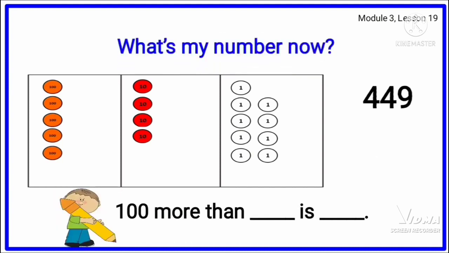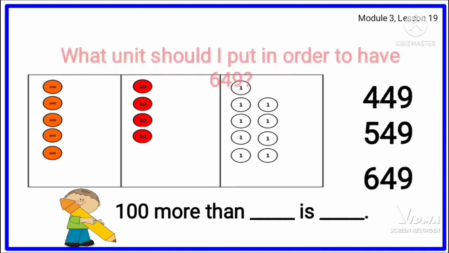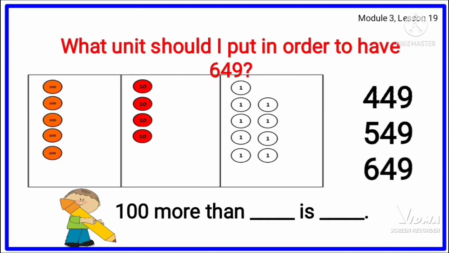Check my numbers now. I have 5 digits of hundreds, 4 digits of 10, and 9 digits of 1. The 100 more than 449 will be 549. Correct. And what is 100 more than 549? It is 649. If I want to put another digit, I will have to put 100.